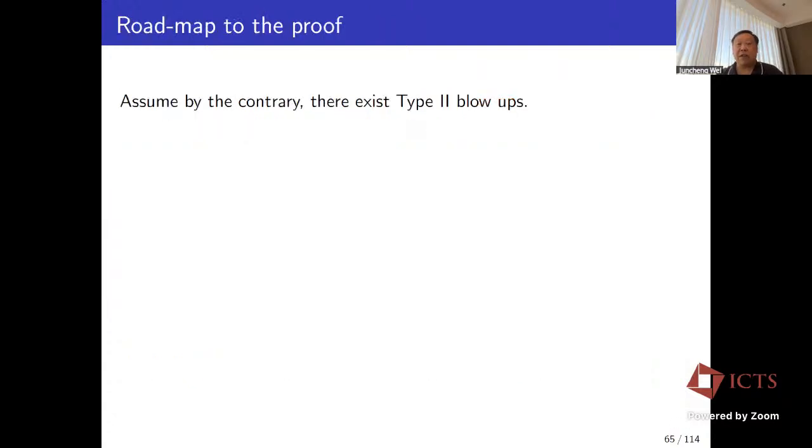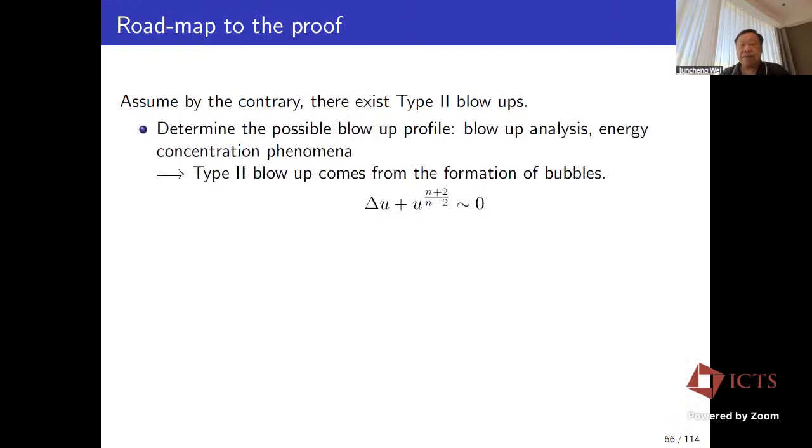So, okay, what is the roadmap to the proof? We assume by contradiction there's a type 2 blow-up. We determine the possible blow-up profile, the blow-up analysis, and the energy concentration. And we show, as I explained at the beginning, that type 2 means that inside the bubble, u_t is much smaller than the Laplacian.